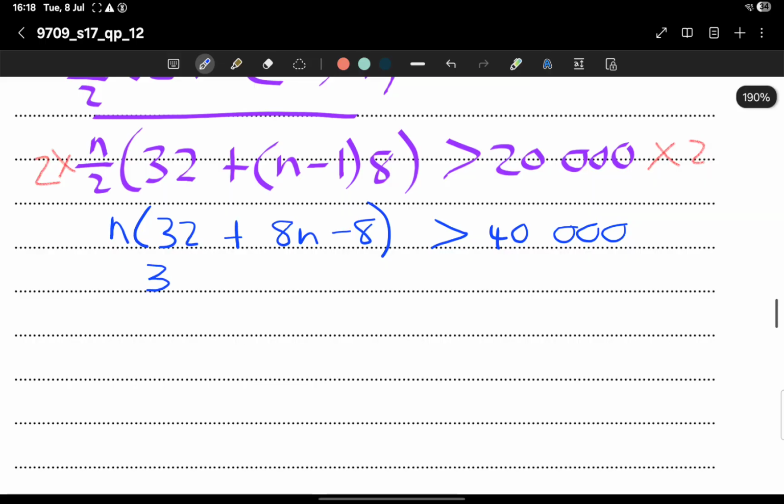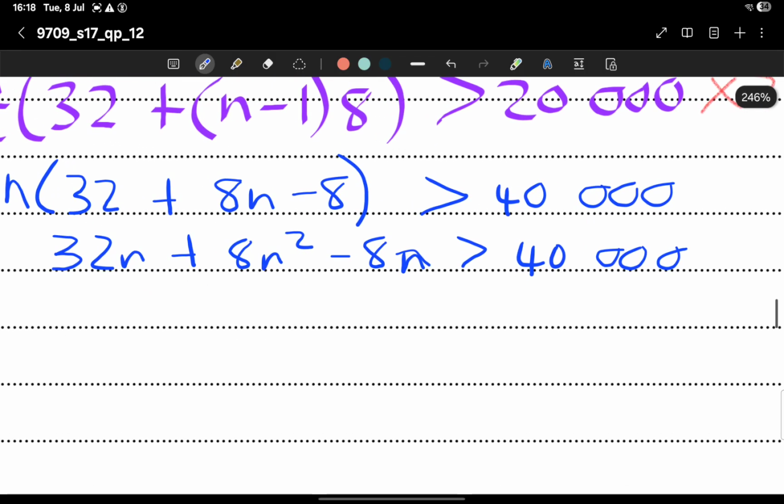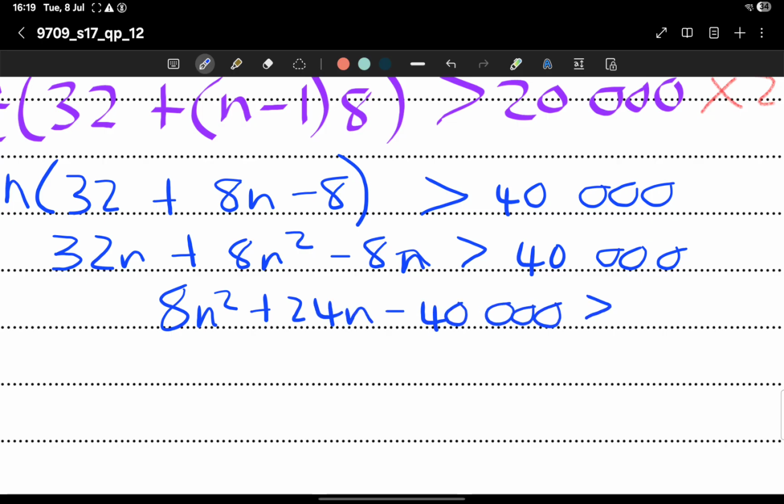Then this will come down to 32n plus 8n squared minus 8n being greater than 40,000. So 8n squared plus 24n minus 40,000 will be greater than 0.